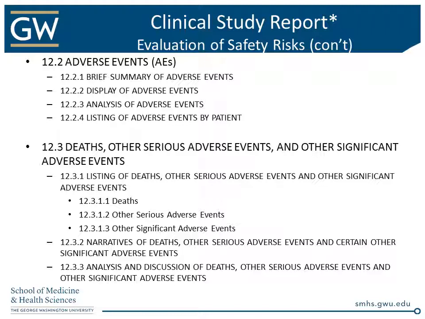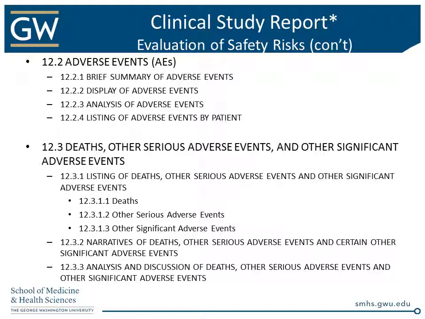Sponsors may identify other adverse events of special interest in the CSR based on the indication being studied, the class of drug, and/or the mechanism of action of the drug as some example reasons to connote certain adverse events of special interest.